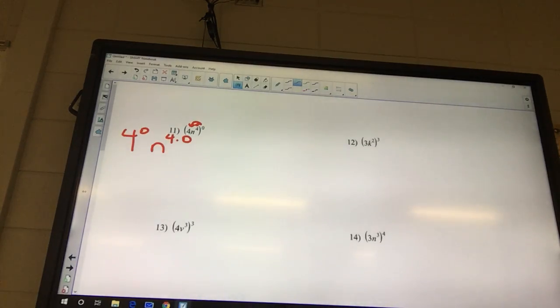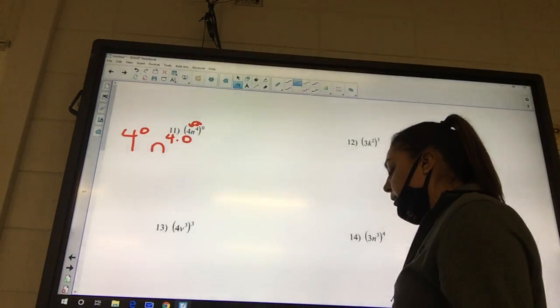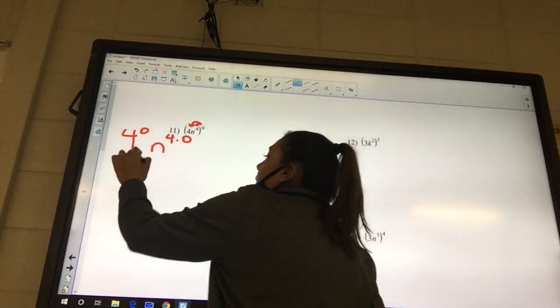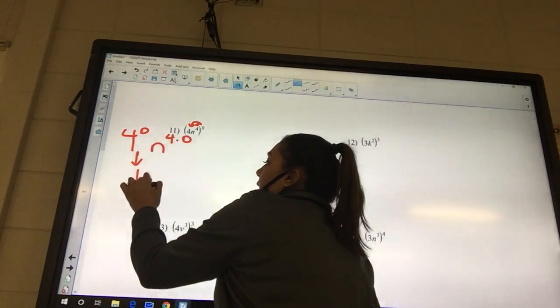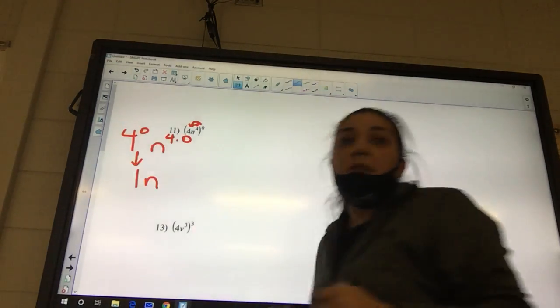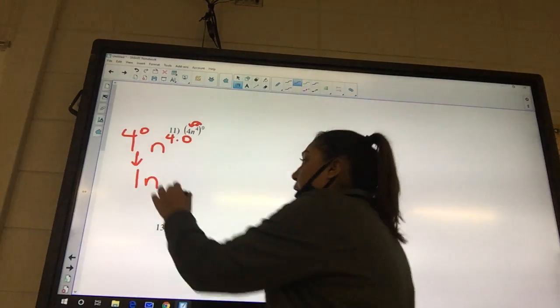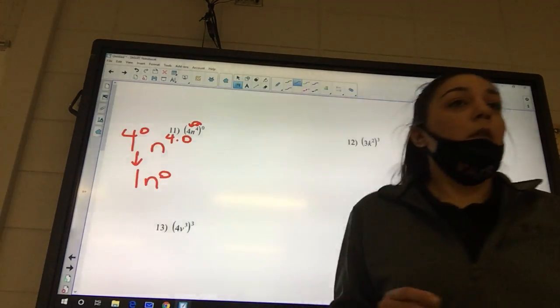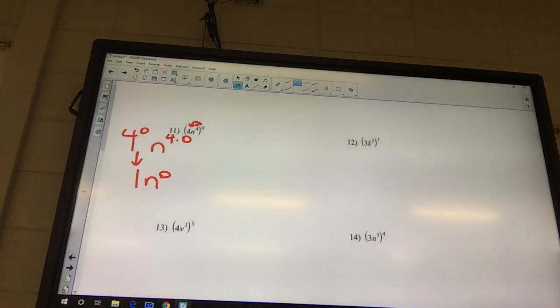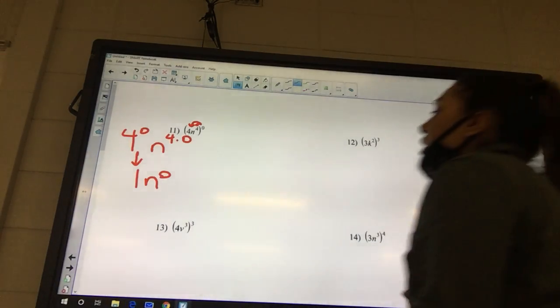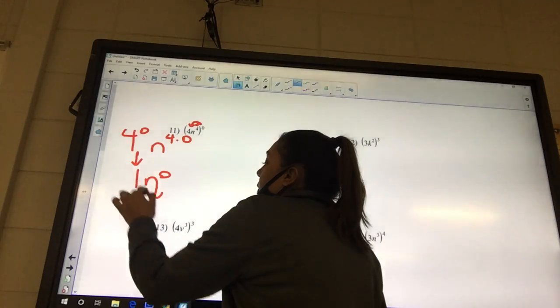What is 4 to the 0 power? 1. And then for the n, I got 4 times 0. 0. But then it's going to be 1, right? And so this part is going to be 1. And so we're going to have 1 times 1.